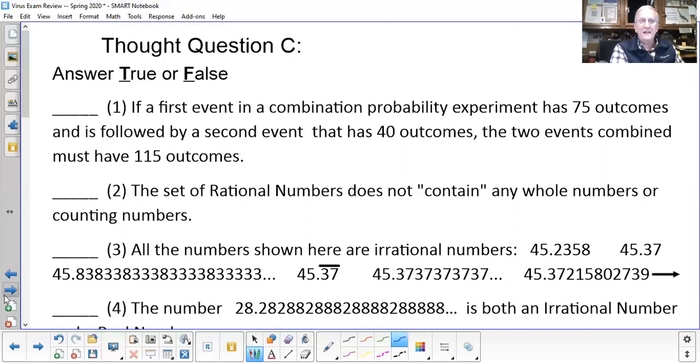If a first event in a combination probability experiment has 75 outcomes, and it is followed by a second event that has 40 outcomes, the two events combined must have 115 outcomes.